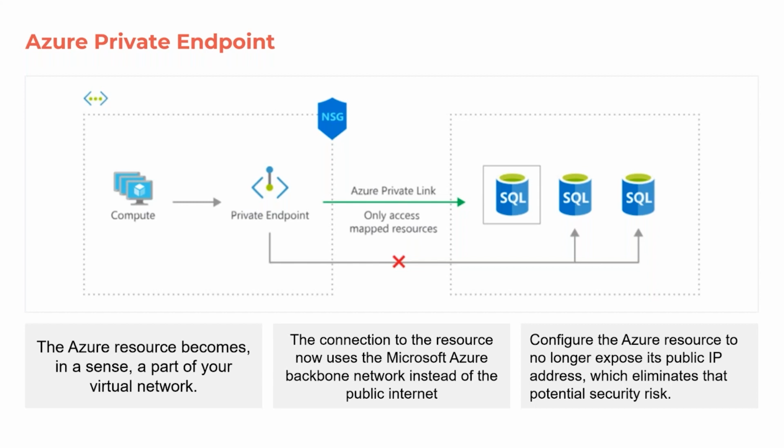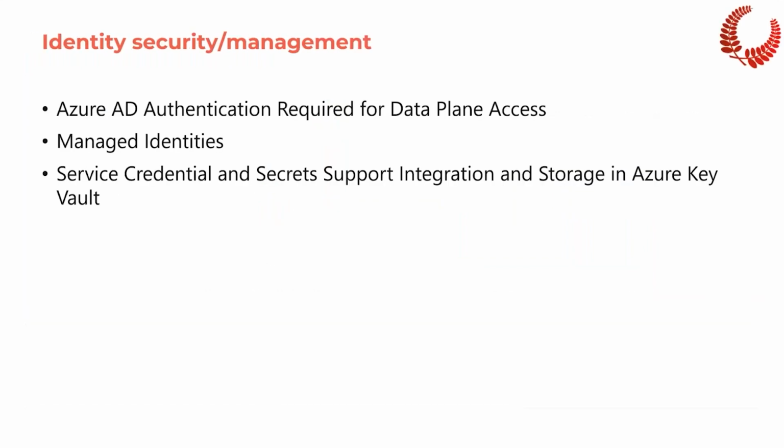Then we should also plan for security in identity. That means that whenever it's possible, we should use Azure AD authentication, because it provides seamless integration, and it's more secure than other options.